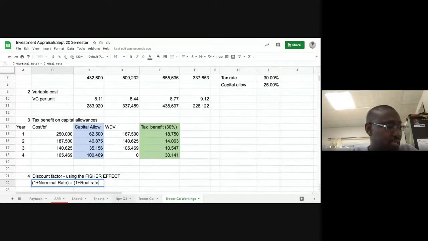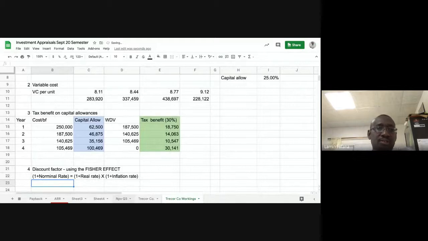Real rate has been given, multiplied by 1 plus inflation rate. So this is what the Fisher effect says. 1 plus nominal rate, which is not given here.